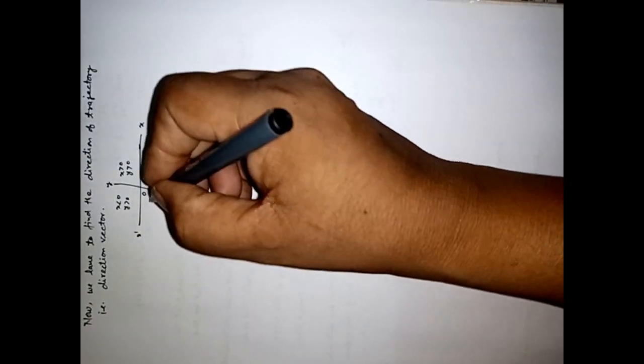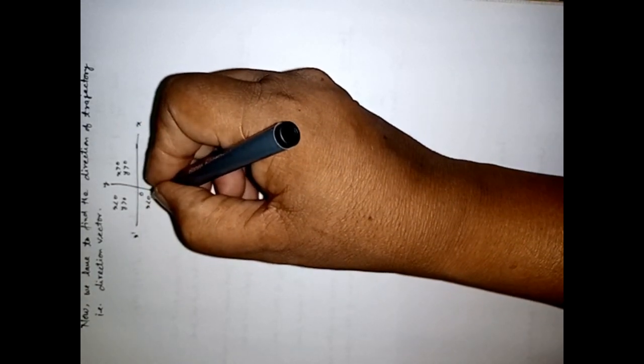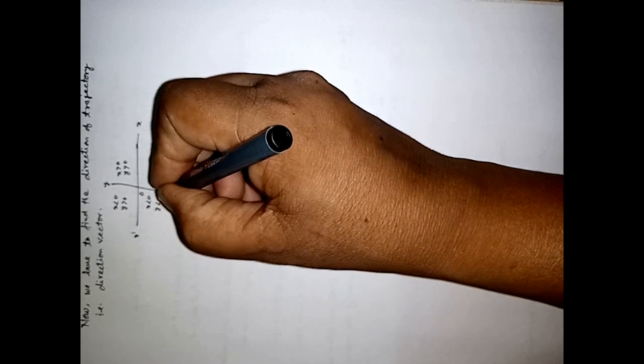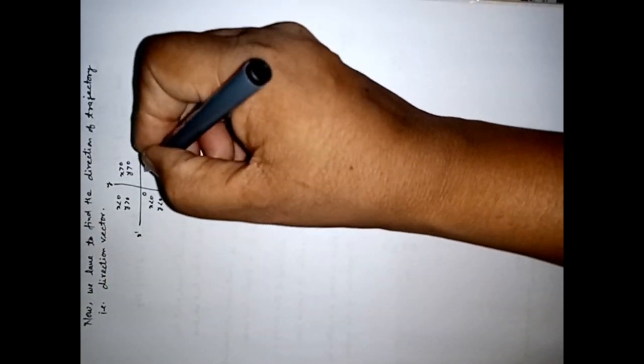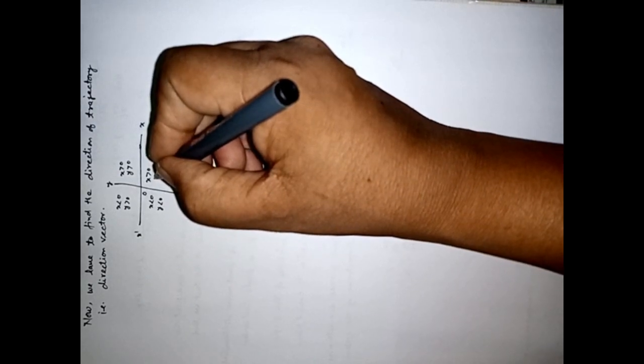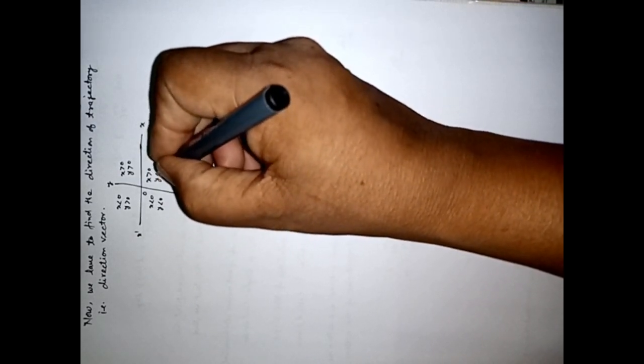In the third quadrant x is less than 0 and y is also less than 0. In the fourth quadrant x is greater than 0 and y is less than 0.